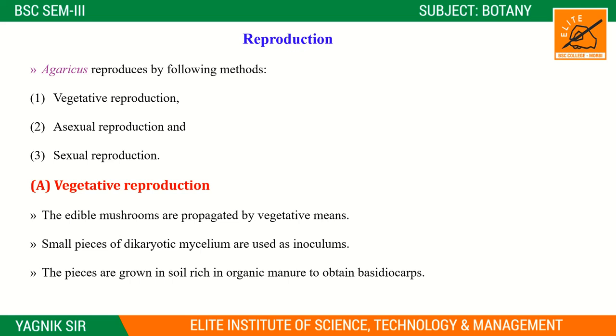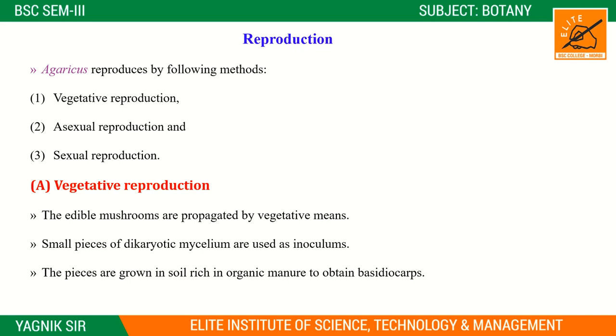Only one step, these edible mushrooms are grown and propagated by vegetative means. That means here monokaryotic mycelia and dikaryotic mycelia are both present, but the dikaryotic mycelium is able to form a new plant body, right? એમાંથી નવું plant body બની શકે.